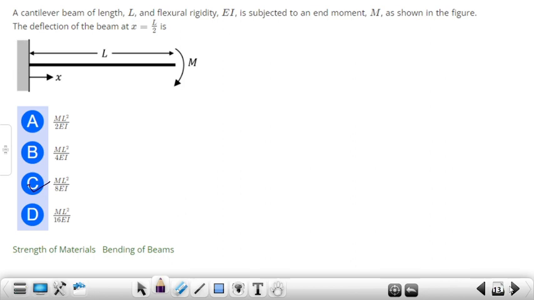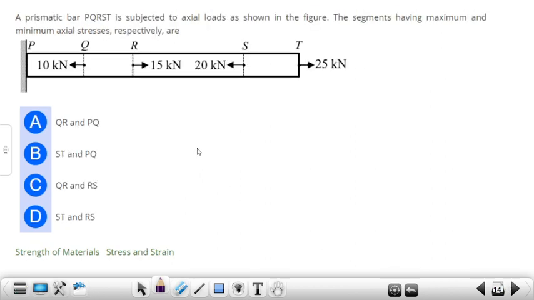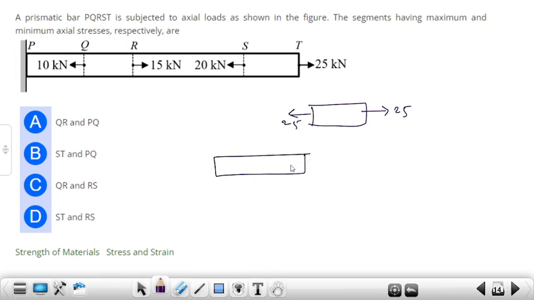Next question, a prismatic bar PQRST subjected to axial load as shown in the figure. The segment having maximum and minimum axial stress is to be found. So this is the diagram. To draw the ST section, which is 25 kilonewton, this will be tension 25 kilonewton, and then this is RS, which is 20 kilonewton.